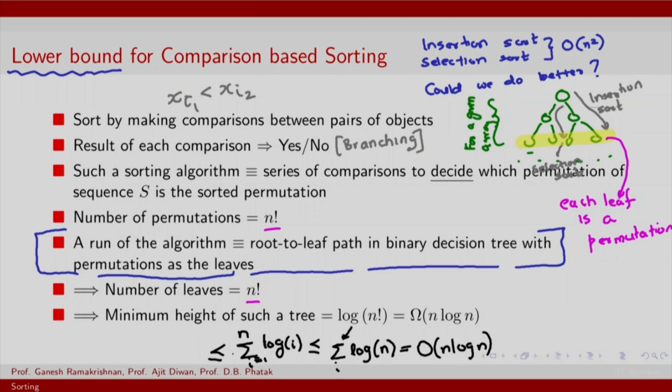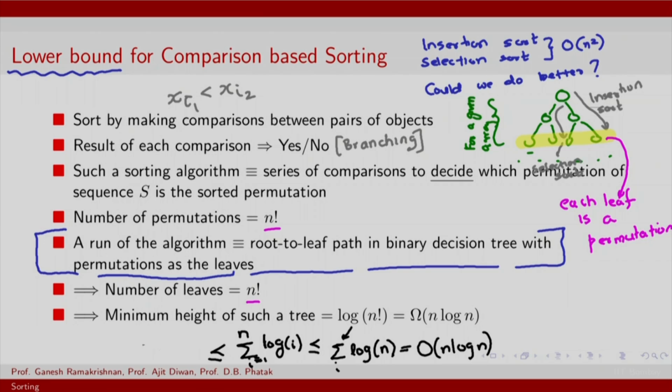What we could do is substitute half of these numbers with n by 2. So we know that the upper half of these are all going to be greater than or equal to n by 2.